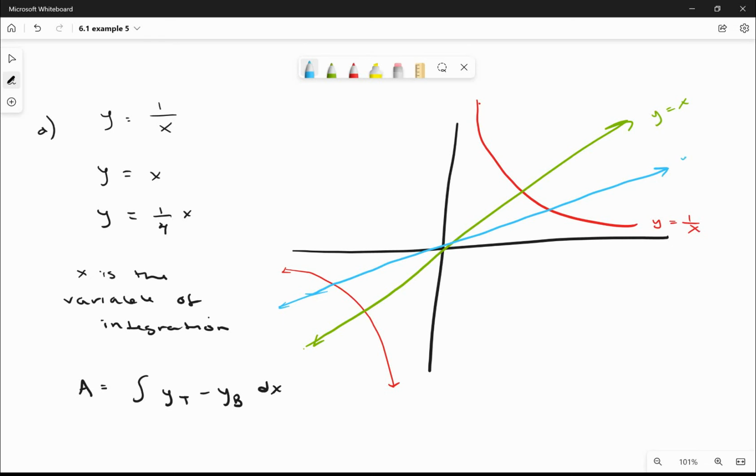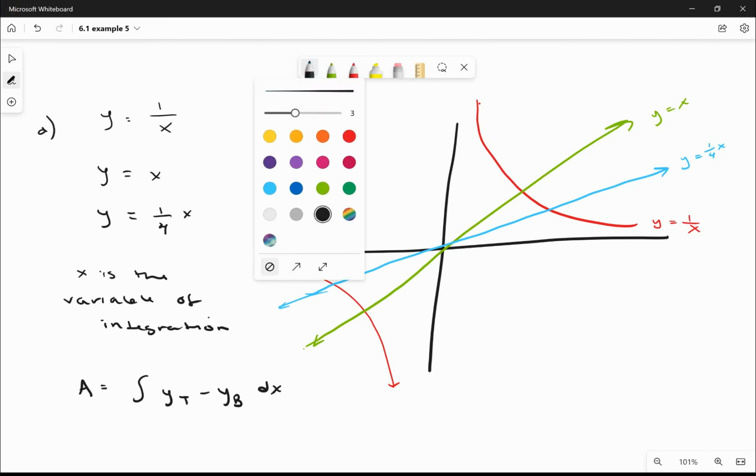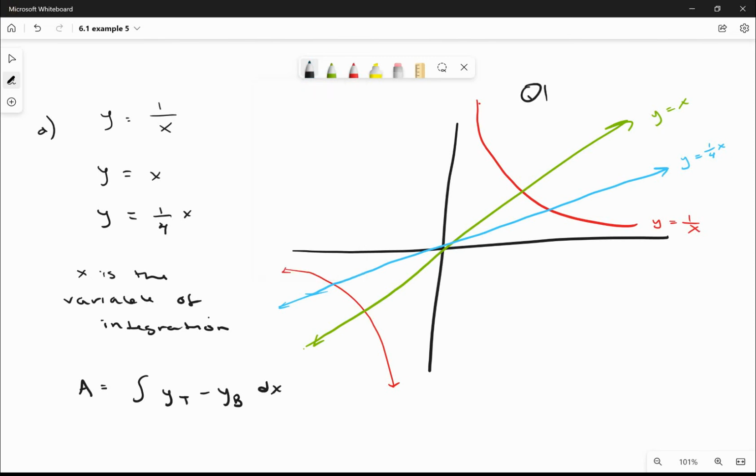What isn't really mentioned in the question itself is that there are actually two parts to this region: the part in quadrant 1, and the part in quadrant 3.